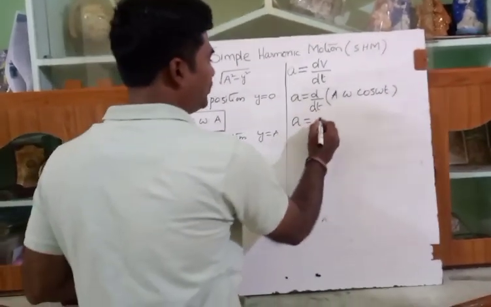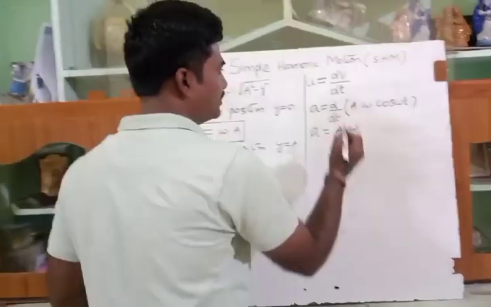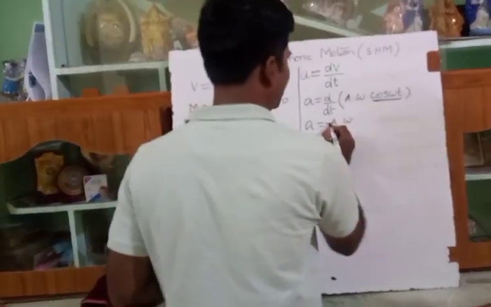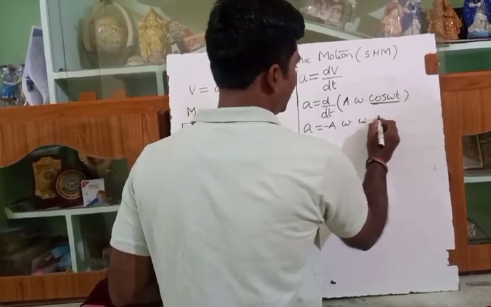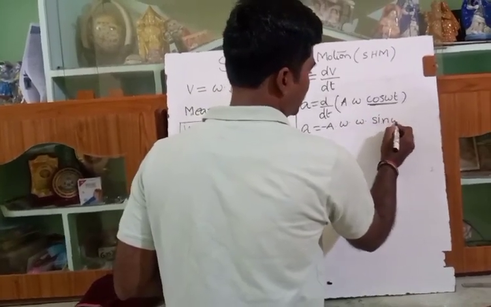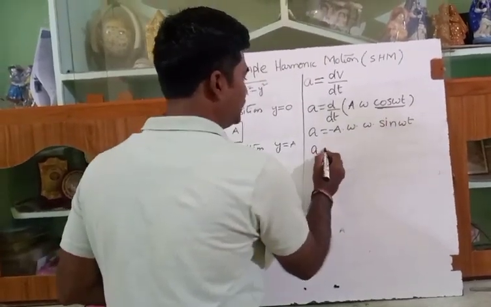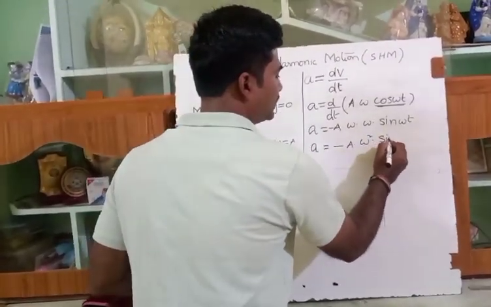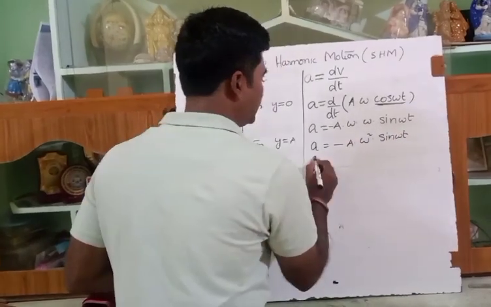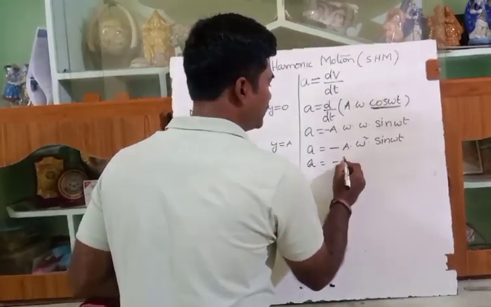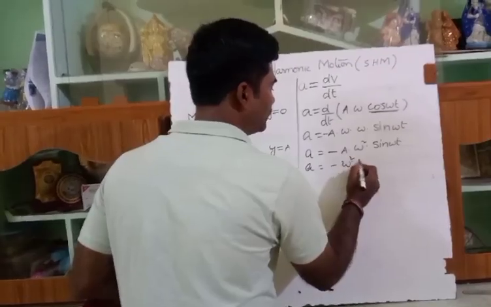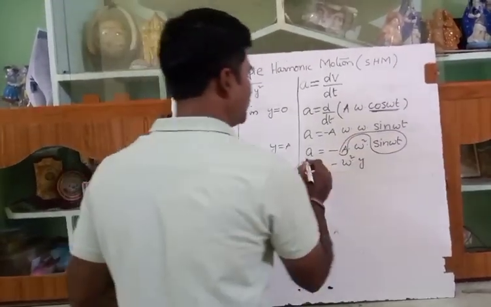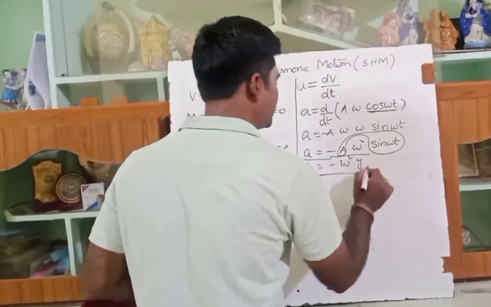Here a and omega are constants, and we differentiate cos omega t, which gives minus omega sin omega t. Then a is equal to minus a omega square sin omega t. In the form of displacement, a is equal to minus omega square into y.